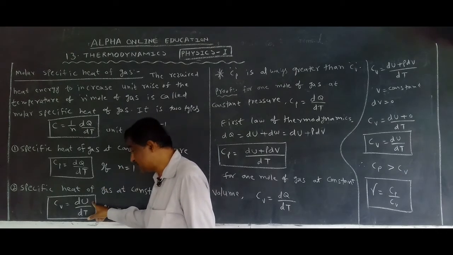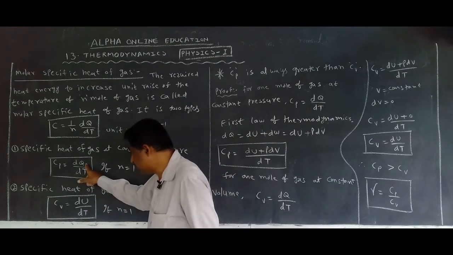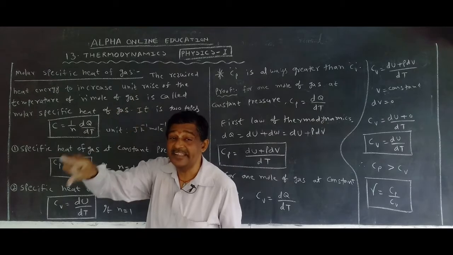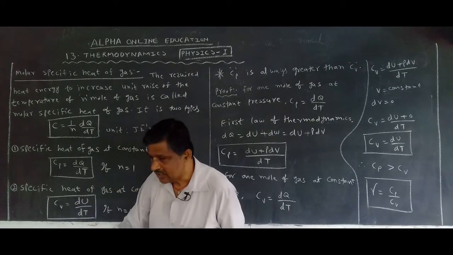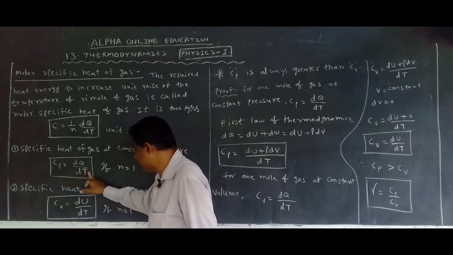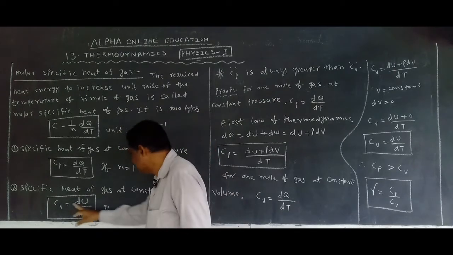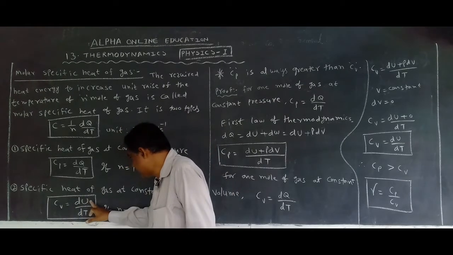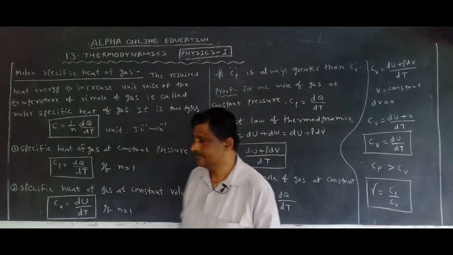But here what is du? Internal energy. What is dq? It is the supplied heat energy. Listen carefully: Cp is equal to dq by dt, where dq is the supplied heat energy. Cv is du by dt, where du is the internal energy.